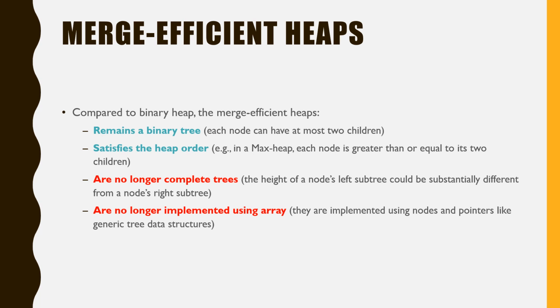However, unlike traditional binary heaps, both leftist heaps and skew heaps are intentionally unbalanced and are not complete trees. As a result, they cannot be efficiently implemented using arrays. Instead, they must be implemented using nodes and pointers, similar to generic tree-based structures.